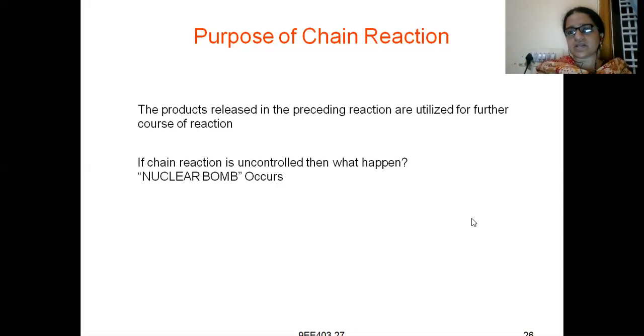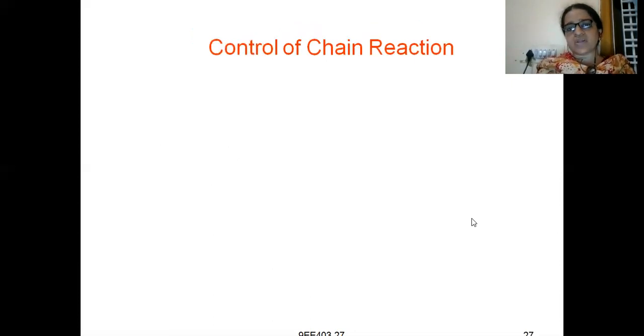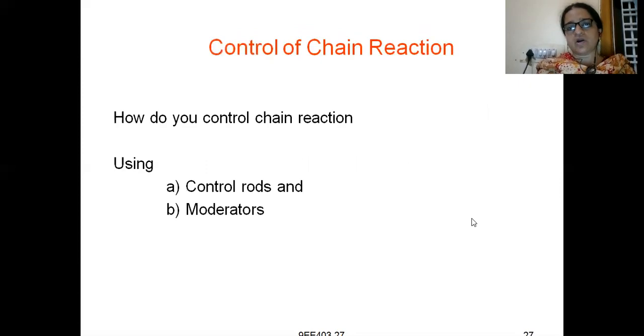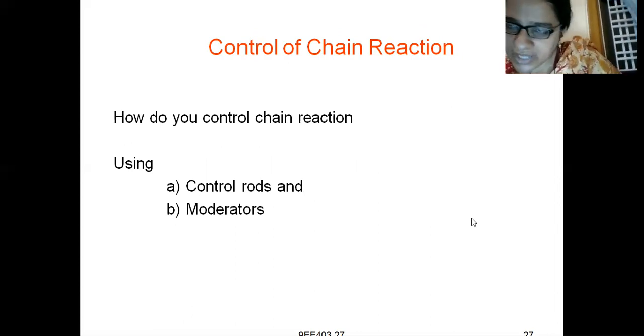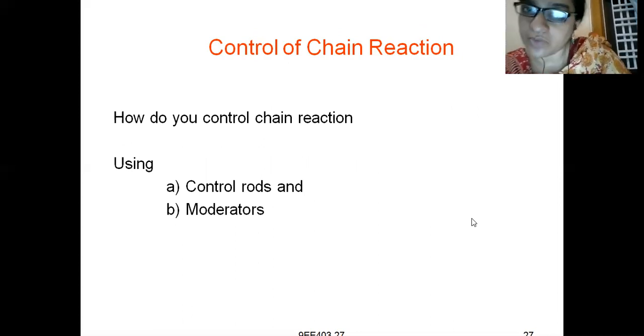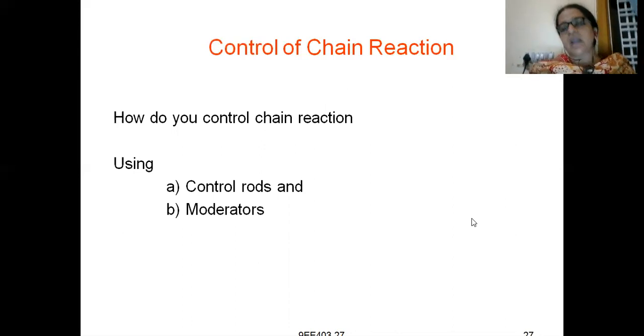So this is the reason why the nuclear bomb is very dangerous, and why a chain reaction should be controlled in a proper manner. Coming to control of chain reactions. Till now we have understood what nuclear fuels are, what a fission reaction is, what a fusion reaction is, and what a chain reaction is. This chain reaction will continue and continue; it will not stop on its own.